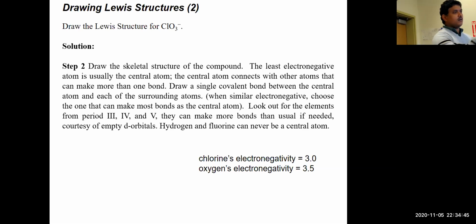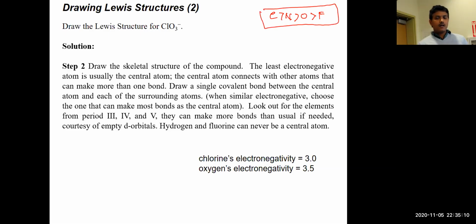If it is elements from period 2, like carbon, nitrogen, oxygen, and fluorine, it is easy. You choose carbon over nitrogen, nitrogen over oxygen, and oxygen over fluorine because they are all from the same period 2. However, if you happen to have atoms from period 3, 4, or 5, they would make more bonds than elements from period 2.